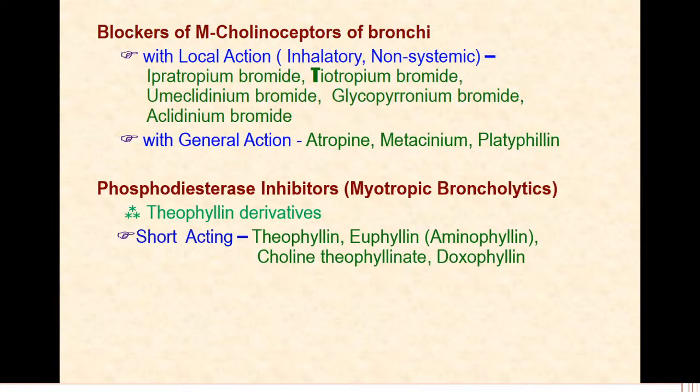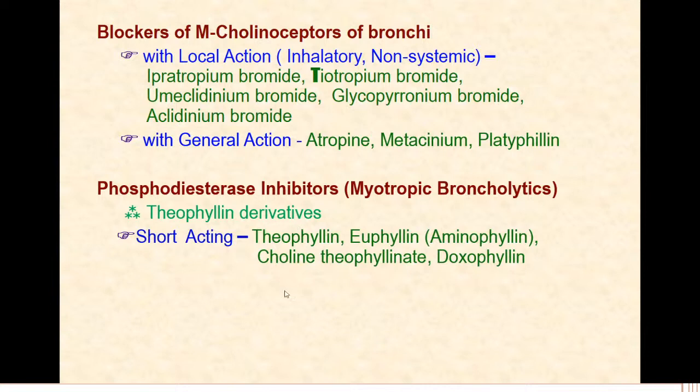They decrease secretion of sputum. This is a very positive mechanism for bronchial asthma. That is why topical M-anticholinergics are used not so rarely. So this is the second group.